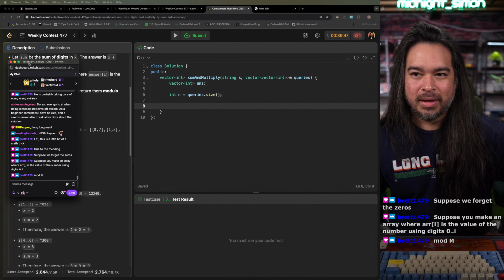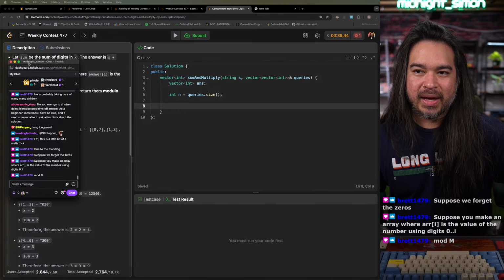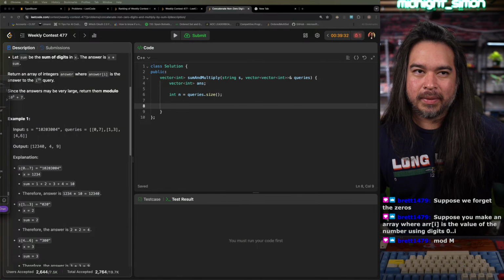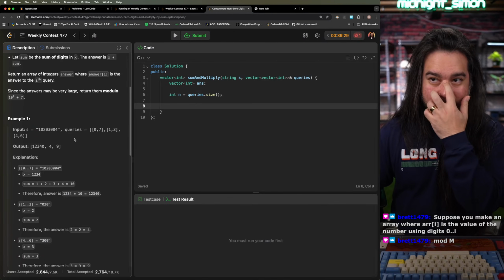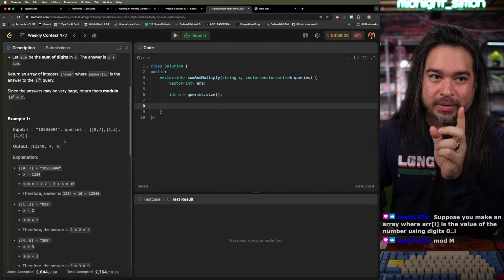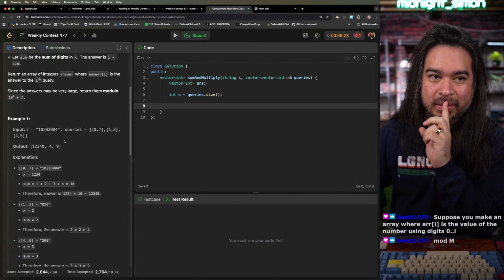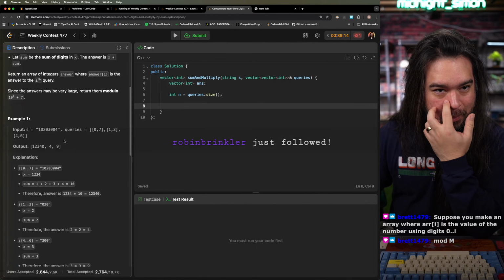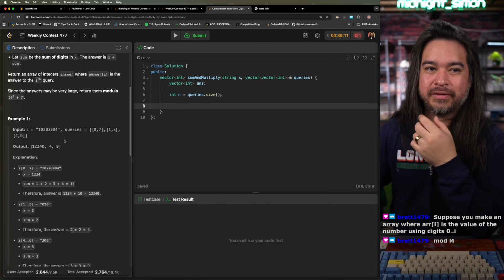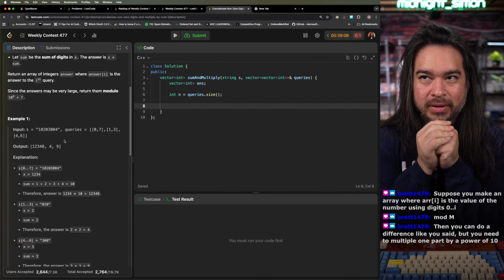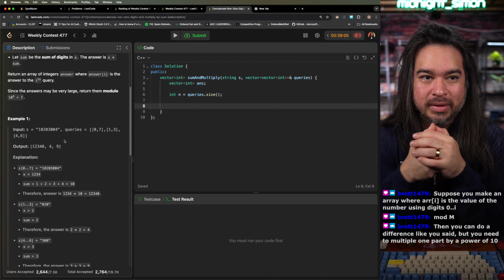Wait. Suppose you make an array where array I is the value of the number using digits 0 to I. And then you mod it by M. Yes, I see what you're saying.